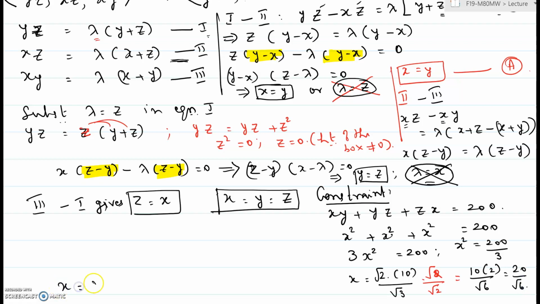So x equal to y equal to z, each one equal to 20 over root 6 centimeter. In other words, length and the width and the height are 20 over root of 6 centimeter each.